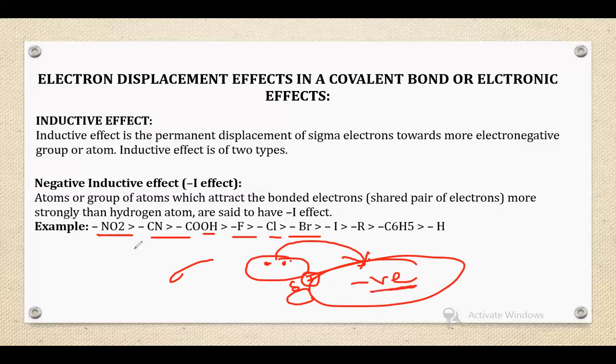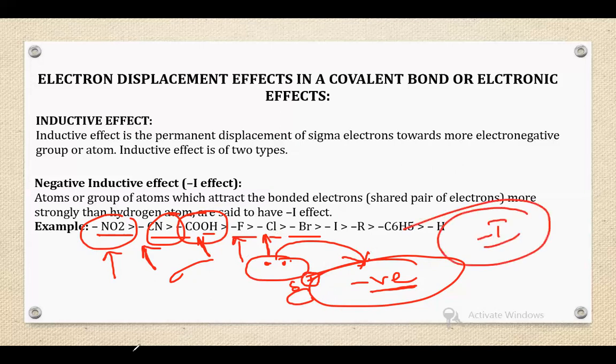The groups attached are NO2, CN, CHO. They are more electronegative than hydrogen, so the shared pair of electrons on the carbon shifts towards these attached groups. If these groups drag the pair of electrons towards themselves, the effect we notice is the negative inductive effect.